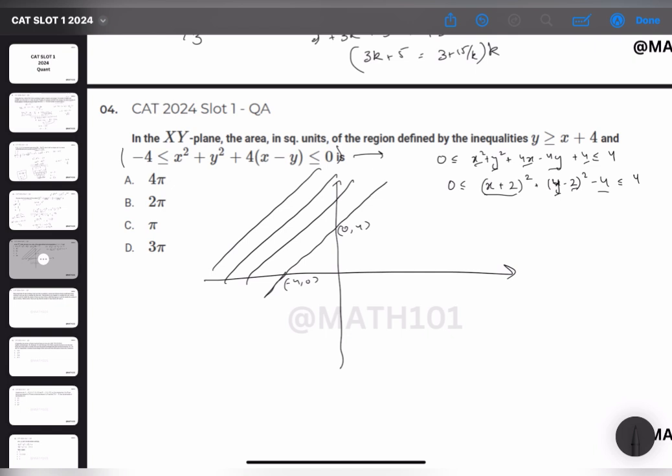So adding 4 on this inequality again, I get 4 less than or equal to (x plus 2) square plus (y minus 2) square less than or equal to 8.